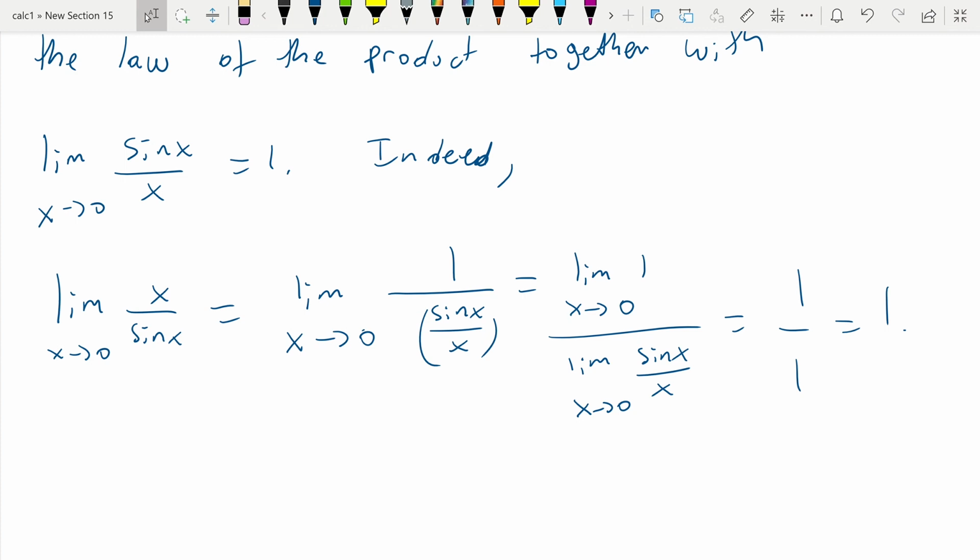Okay, and so that is how you compute these kinds of limits, where you have sines and cosines of things inside. And the next thing we'll do is go over one final application of the squeeze theorem that comes up from time to time, and where everything that we've done so far doesn't apply.